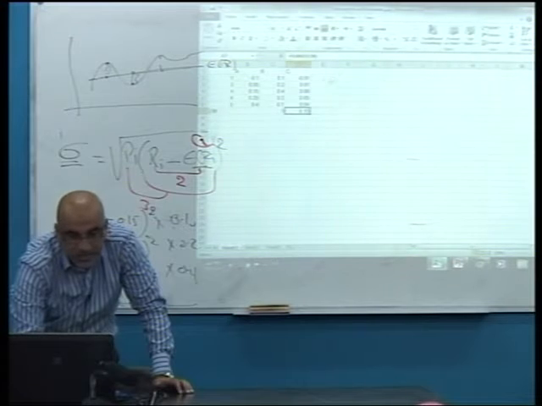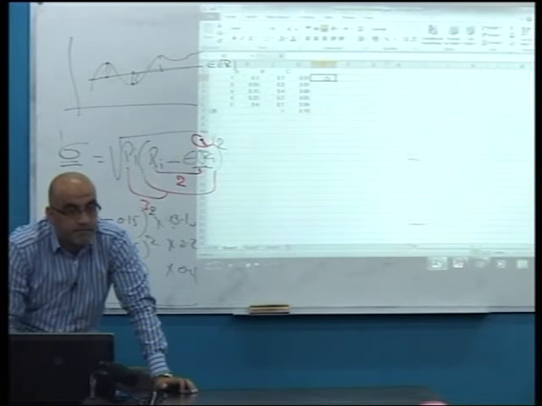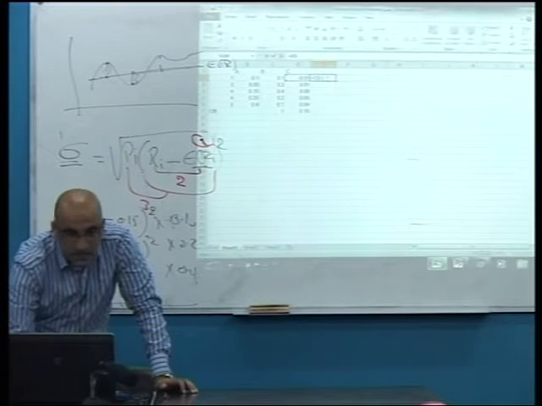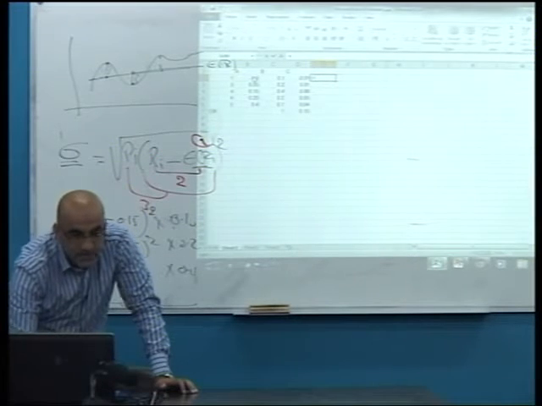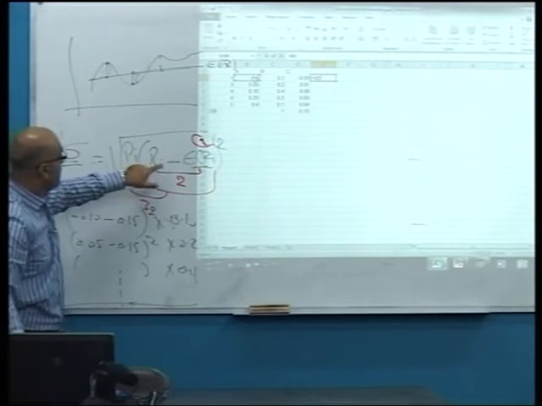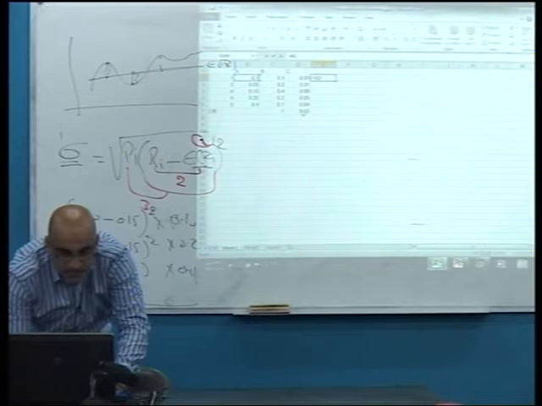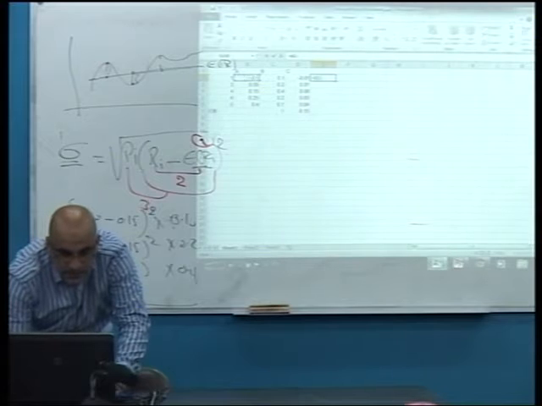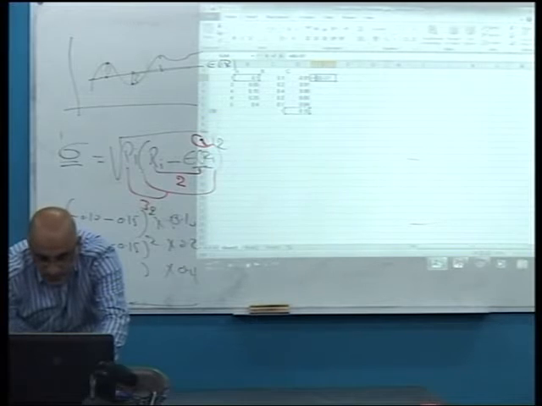Okay. Now, what is the third step? I want to subtract rate of return minus expected rate of return. Okay. This one minus A is equal to this: Ri minus the expected Ri raised to the power, okay, minus this one, minus the expected rate of return. Don't forget, raised to the power 2.